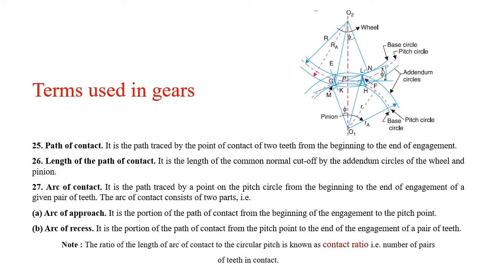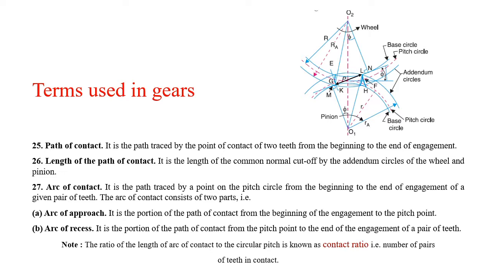In this diagram you can observe this point of contact starts at K point and ends at L point. Therefore this distance KL, shown here by one dark line, is called the path of contact. Remember this.